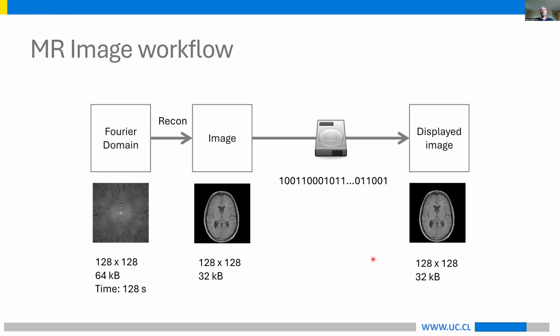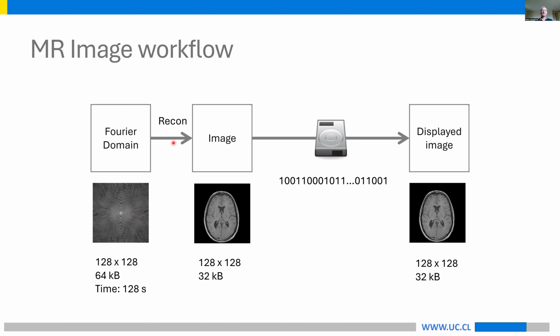This is a typical pipeline of MRI acquisition. You acquire in the Fourier domain. For this little example, I'm going to use a 128 by 128 sampling pattern. That's roughly 64 kilobytes of data, and it took 128 seconds to acquire.